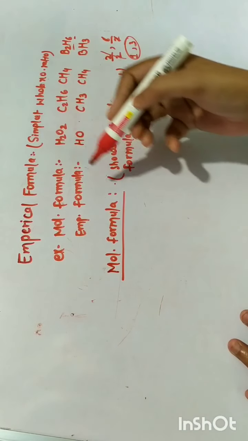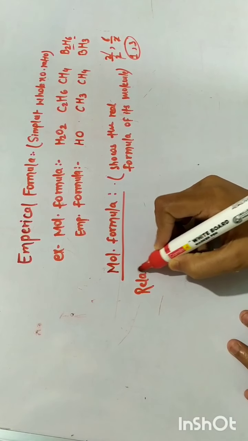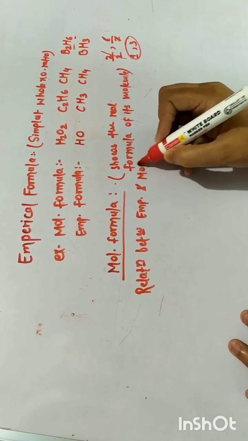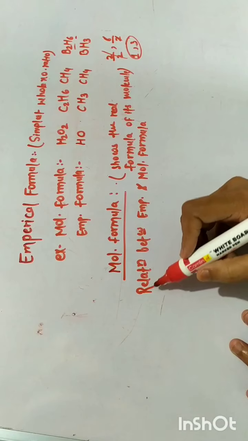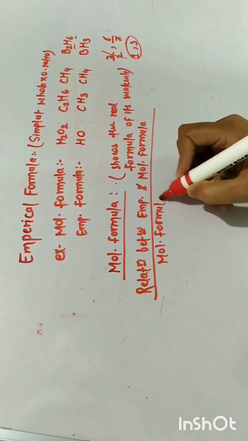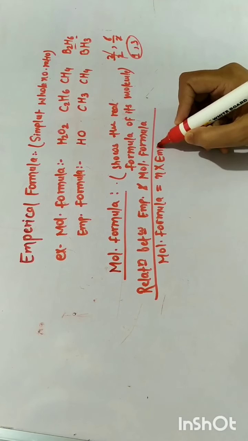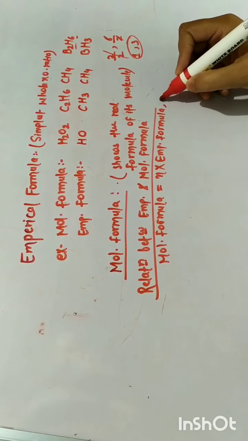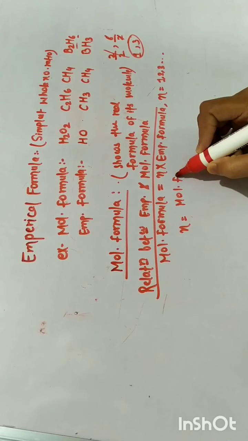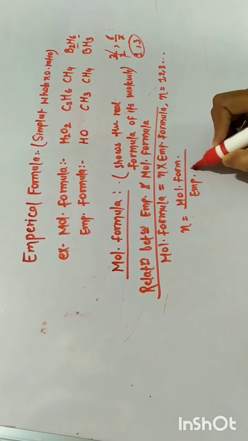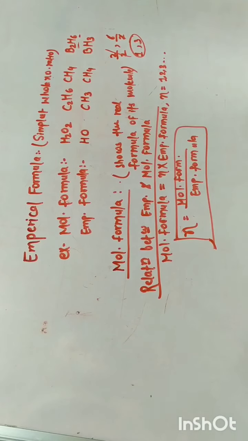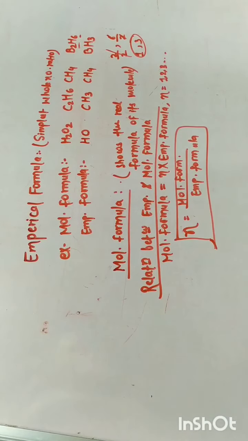Now what is the relation between the empirical formula and the molecular formula? The molecular formula is equal to N into the empirical formula, where N is 1, 2, 3, etc. So N is equal to the molecular formula divided by the empirical formula.